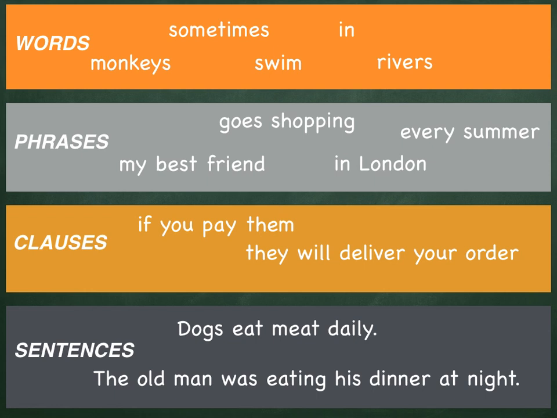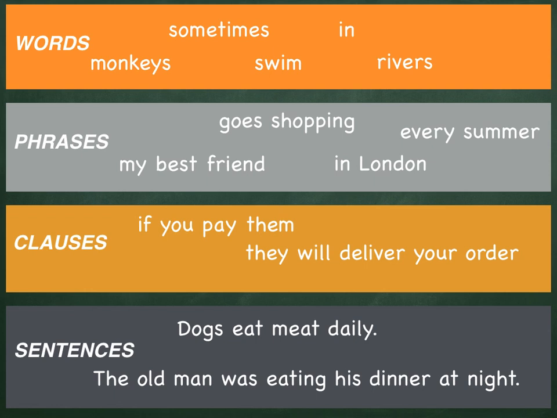Now let's look at the clauses. Can you see the difference between a clause and a sentence? And can you see the difference between a clause and a phrase? Well, a sentence has a subject and a verb.